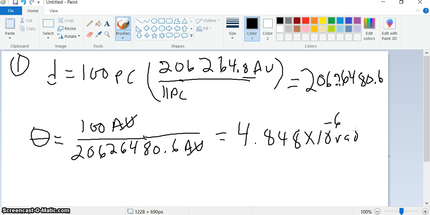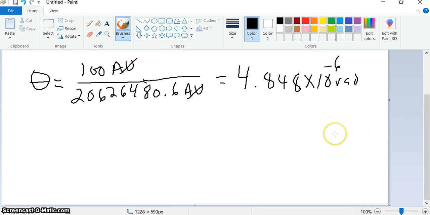And then, of course, we're going to use this conversion to get it into degrees. The conversion is that pi radian is equal to 180 degrees. We're going to figure out theta in arc seconds in just a moment.